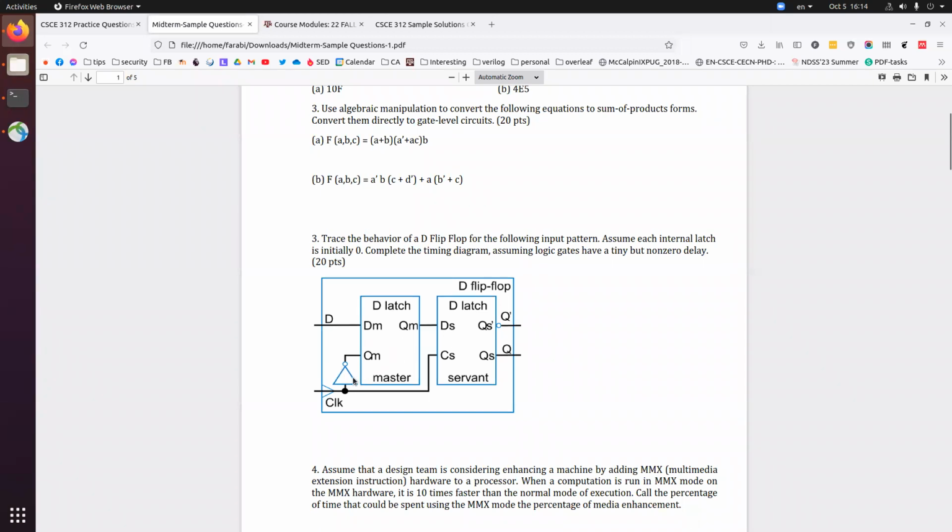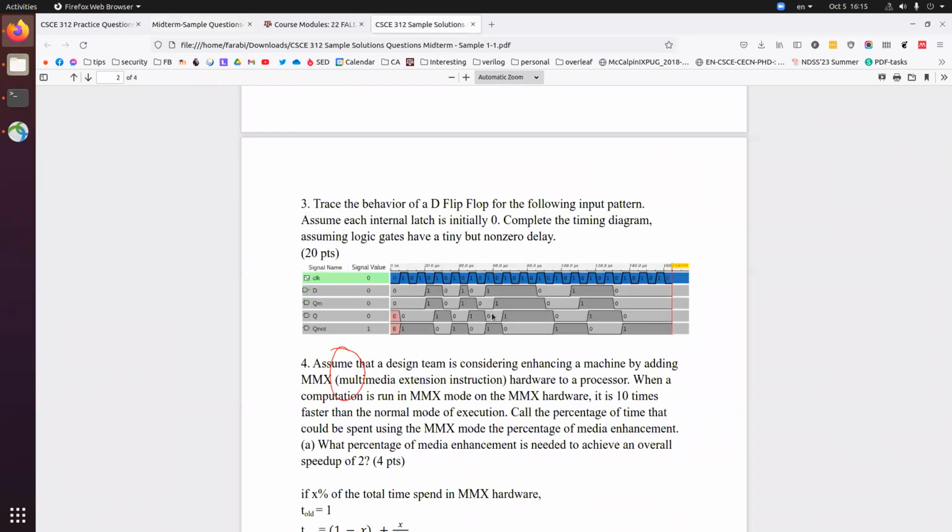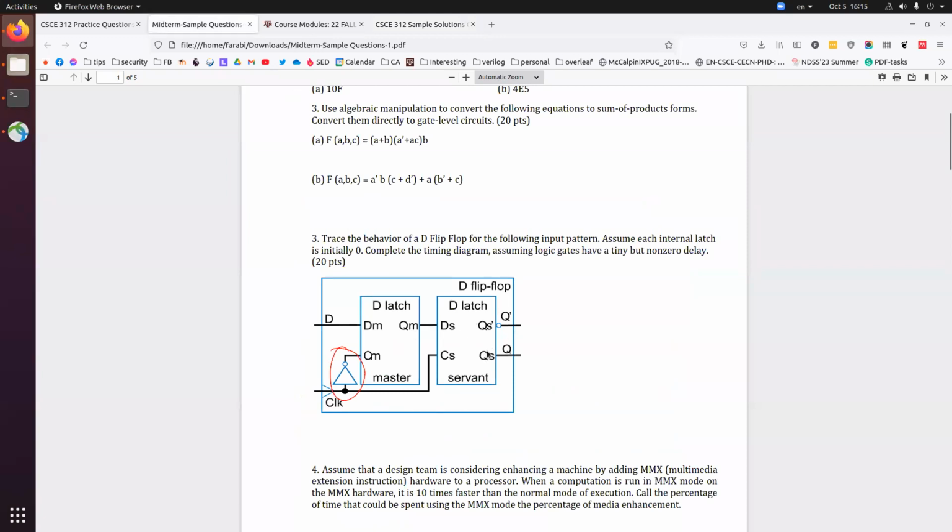Because it has a NOT gate here, this inverter makes QM activate on the falling edge. When we changed it, the edge was falling and QM got activated to 1. Based on QM, Q should get activated at the next rising edge, which is what we are seeing here. QM is the input to the next D flip-flop or D latch, however you call it.